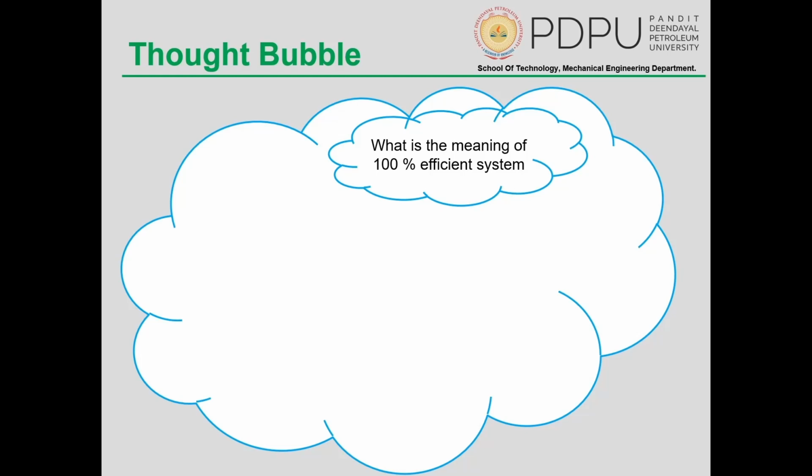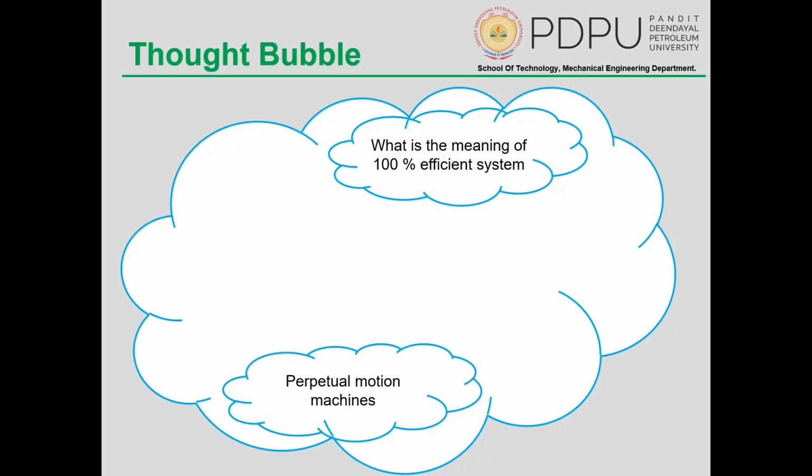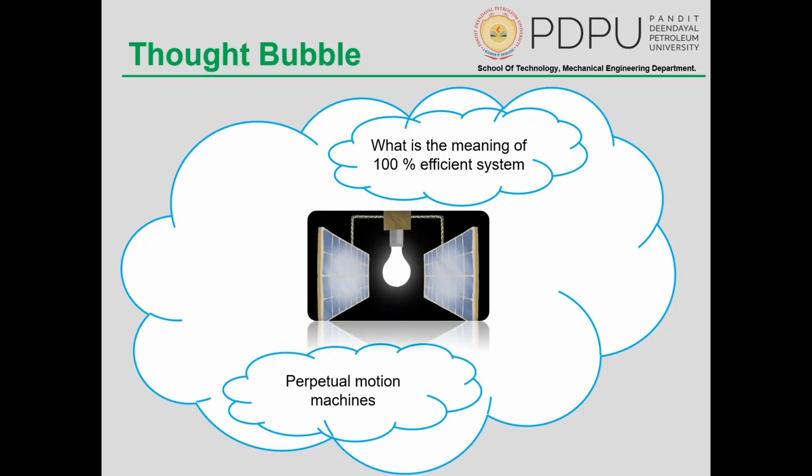So that is where perpetual motion machines come into play. I will talk about a simple example. Just take a case of this kind of example. Here you will see that a bulb is run via two solar panels. Those solar panels are using the energy of this bulb, and they are running this bulb itself.